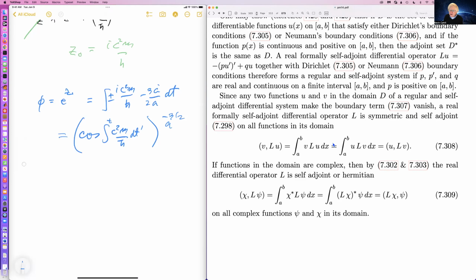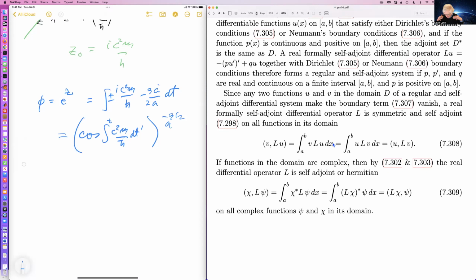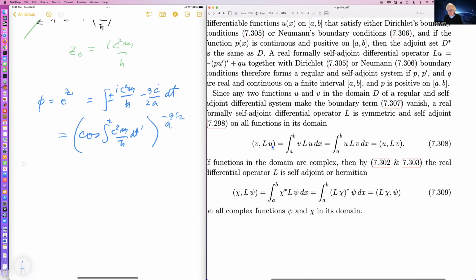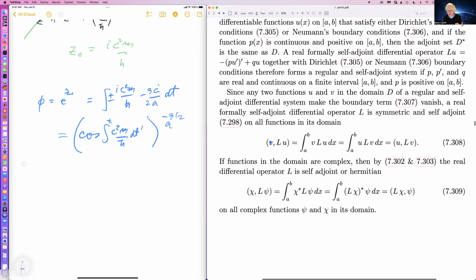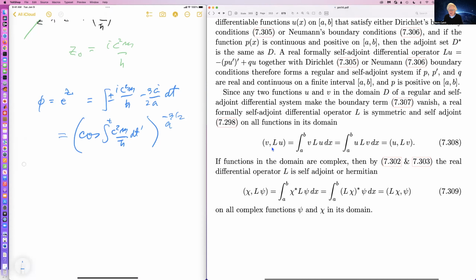So what you have then is, if you have one of these regular self-adjoint systems, then you can say that VLU is the same thing as ULV, and it's basically a symmetric operator, or L is self-adjoint.